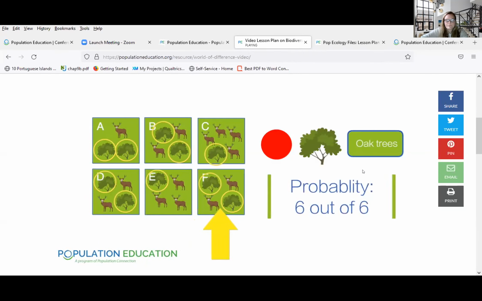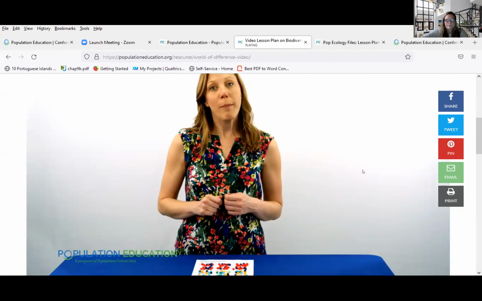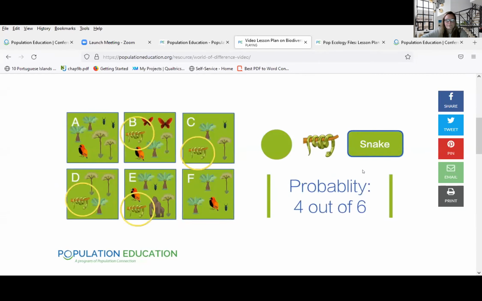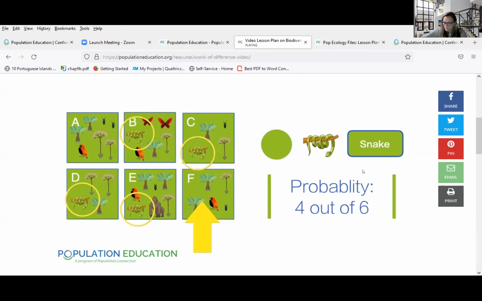No matter which of the 6 acres you clear, the population is impacted. In the tropical forest, let's look at the green bead, the forest green snake. The snake is in 4 of the 6 acres, so there is a 4 out of 6, or 2 out of 3, chance that the population of snakes would change if a random acre was cleared.